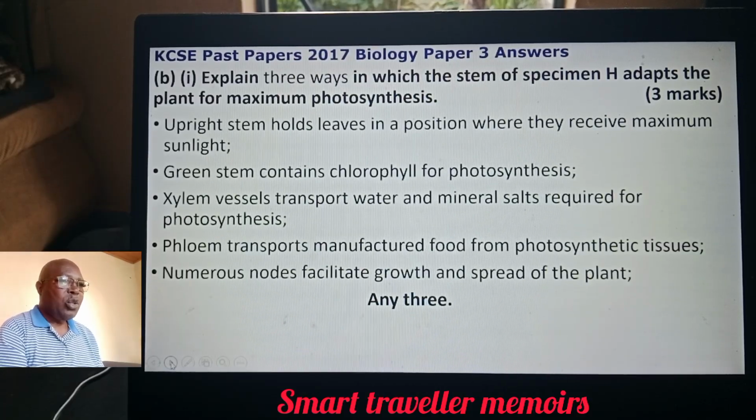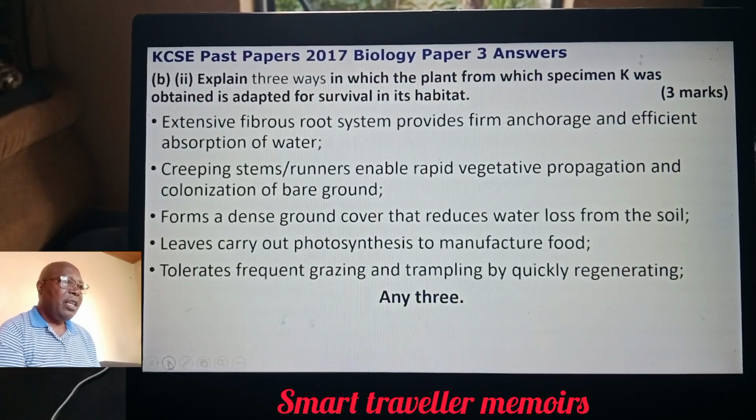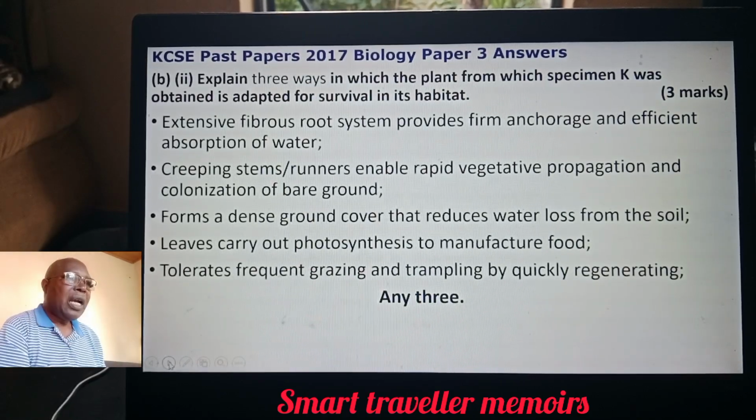Xylem vessels transport water and mineral salts required for photosynthesis. Phloem transports manufactured food from photosynthetic tissues. We have numerous nodes to facilitate growth and spread of the plant. Any 3 marks.